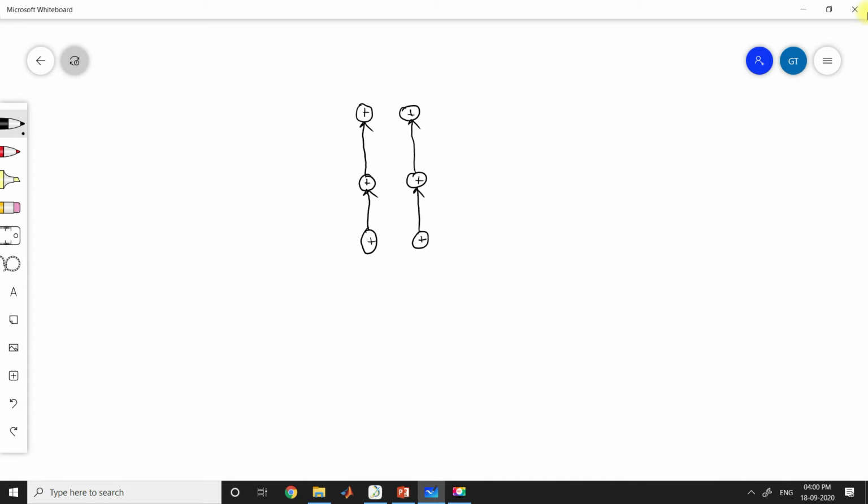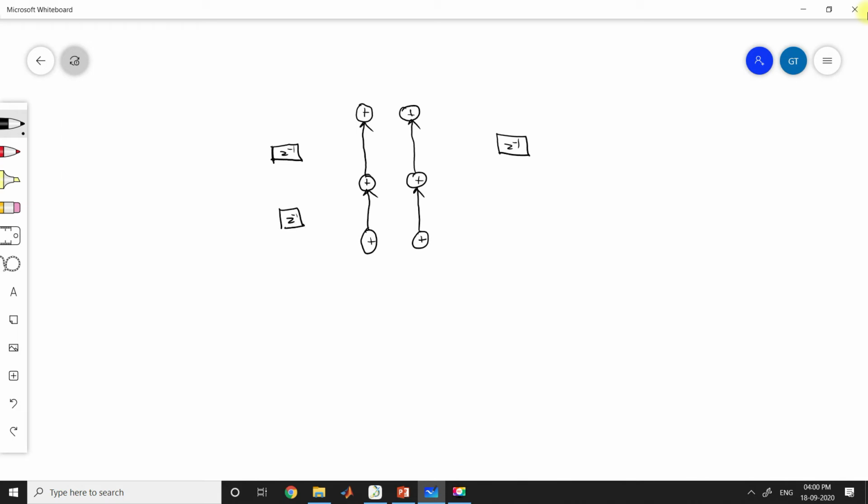Then at a proper distance, in the middle of the two adders, draw the delay. Similarly, at the left side, draw the delay.